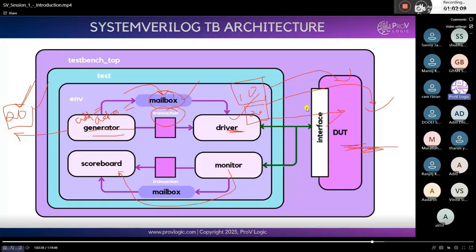Suppose when the generator is at the 10th transaction, the driver is maybe at the 5th transaction only, still working with it. And when the generator is sending the 20th transaction, maybe the driver is still working at the 15th transaction, slowly, because it takes time to process and send to the DUT. It needs to convert the packet level data to pin level data. It takes some time. It should convert from the transaction to the DUT, right? So it is working slowly.